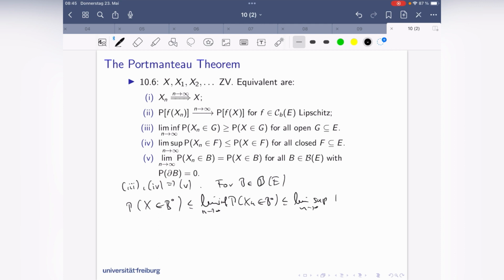And I only make it bigger if I say xn is in the closure of B. And I'm doing this because then I can use this here, smaller or equal than pi of xn in B, in the closure of B.